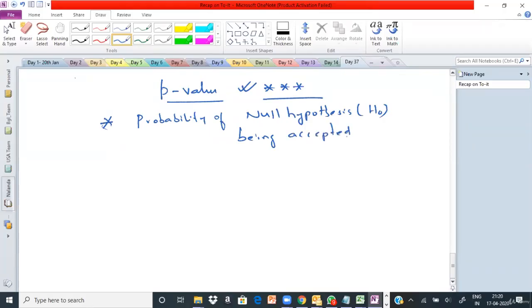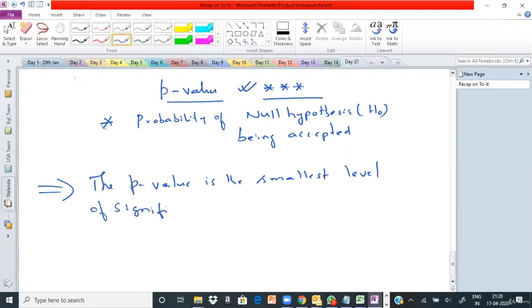In other words, the p-value is the smallest level of significance that would lead to rejection of H naught.